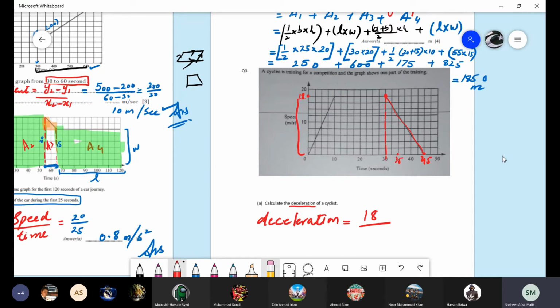So we have to go from this point to this point. This much distance is 18, and the change in x is 45 minus 30. How much? 15. So divide 18 by 15, what's the answer?